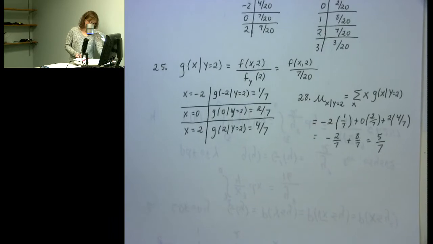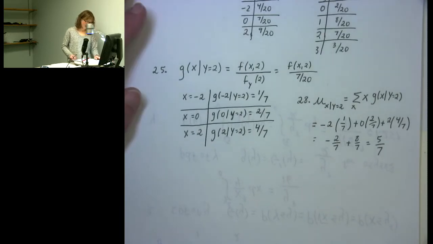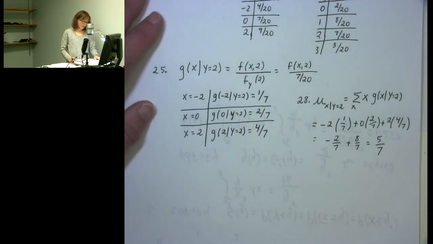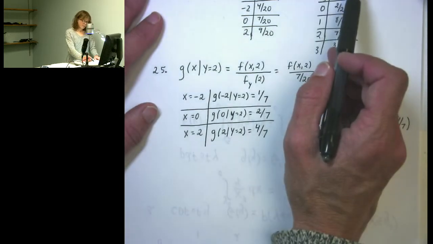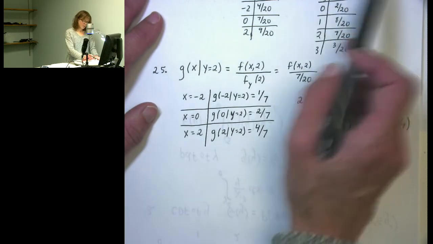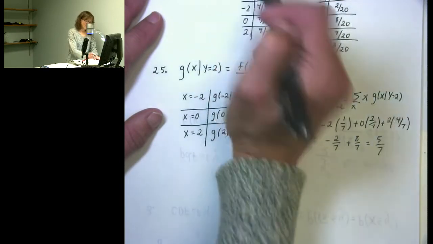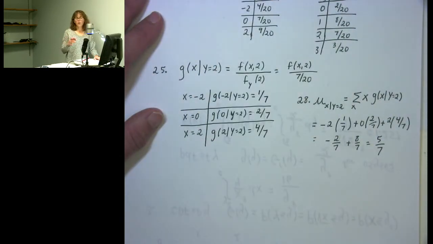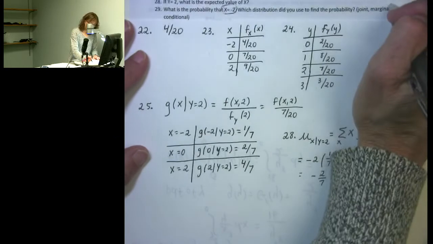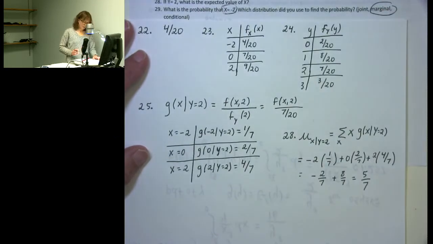Question 29 is, what is the probability that x is equal to negative 2? It asks what kind of distribution we use: joint, marginal, or conditional. Since I'm interested only in the value of x, and I'm not talking about y at all, I'd be using the marginal distribution to answer that question.